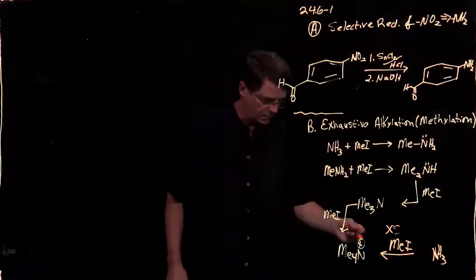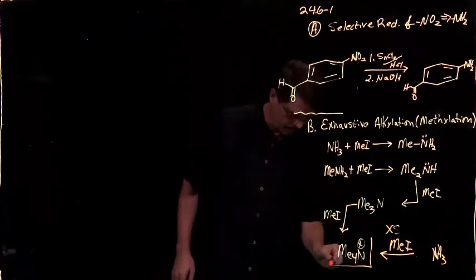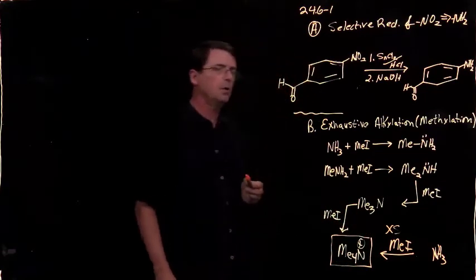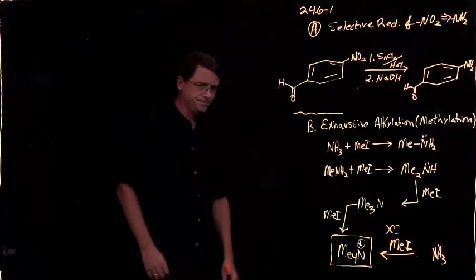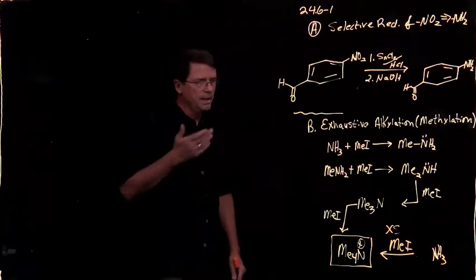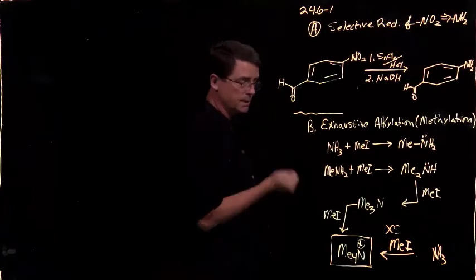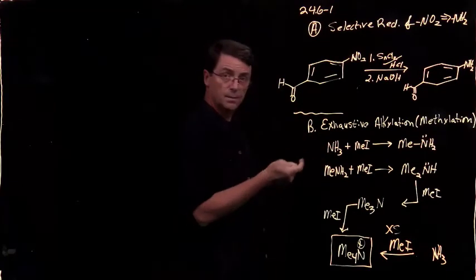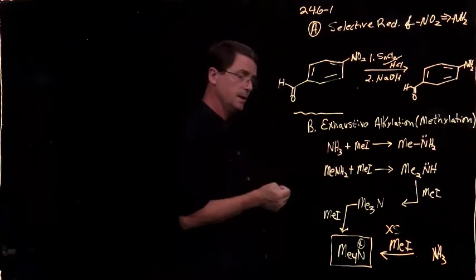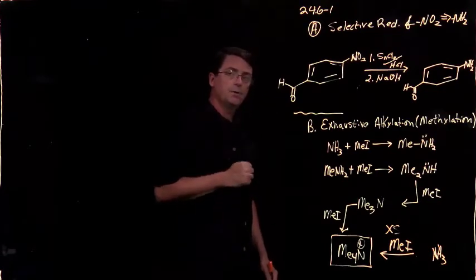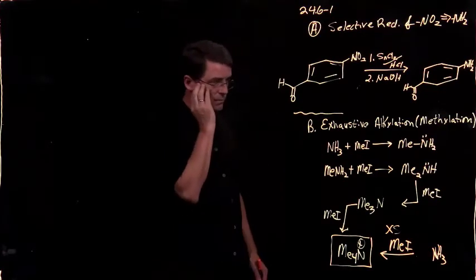You can perform in what would be a useful process, exhaustive methylation. All right, so if we can't use sp3 nitrogen, that would be, electronically tetrahedral nitrogen, as the nucleophile, is there something else we can use?